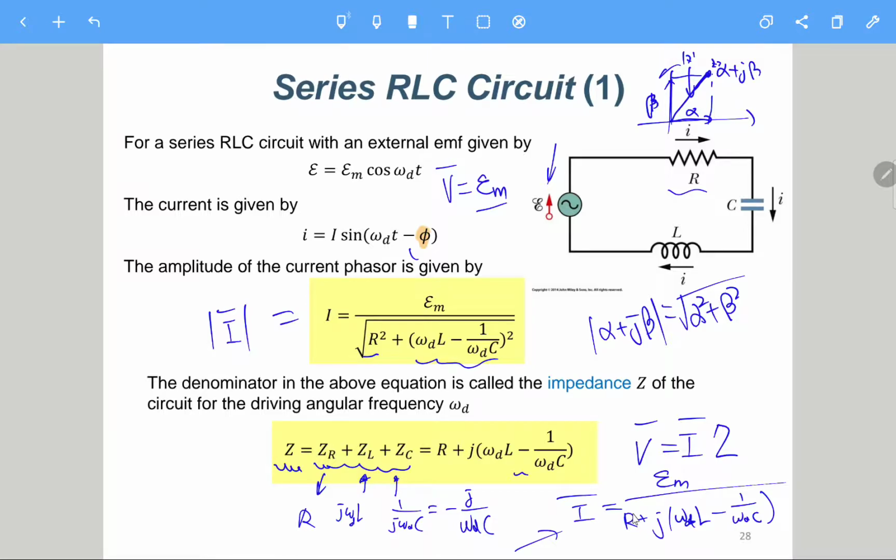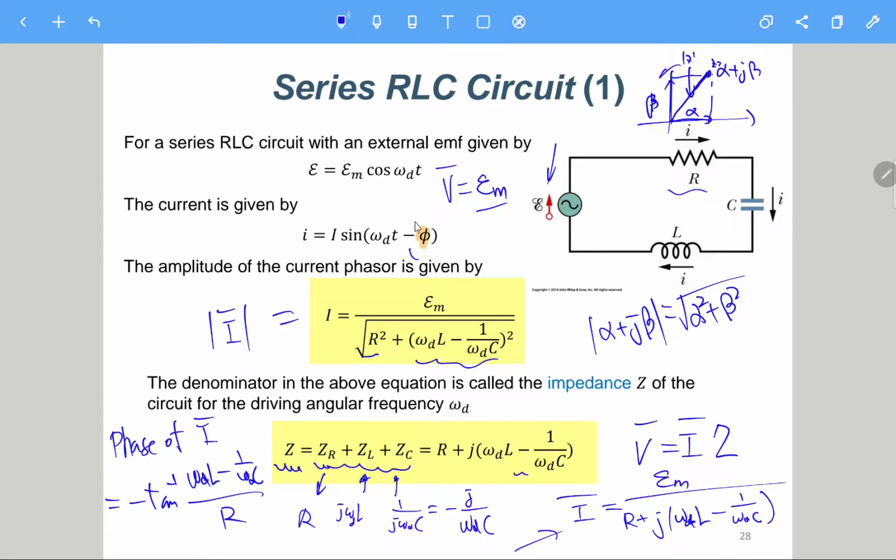The phase of I bar should be minus arctangent of omega_d L minus 1 over omega_d C, over R, with this minus sign.